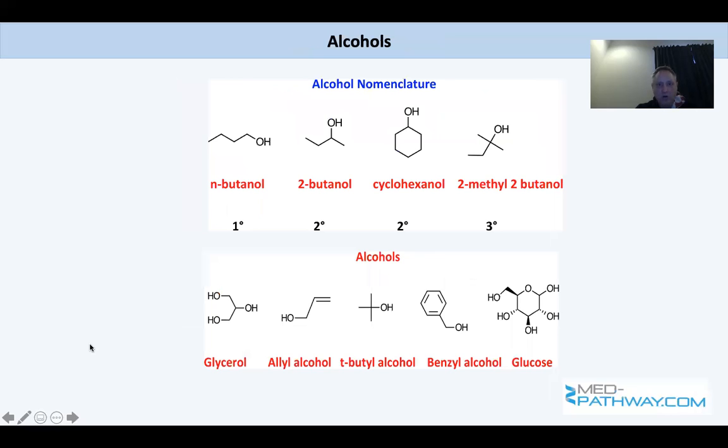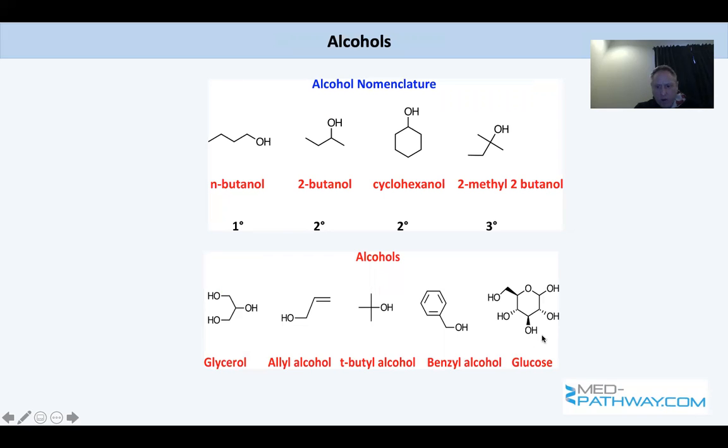Let's turn to alcohols. We have all seen alcohols before. Here's n-butanol, 1, 2, 3, 4. 2-butanol, cyclohexanol. We see glycerol. This might be the most important alcohol we're going to look at, because we're going to see how to package fats when we make triglycerides, which is taking an alcohol and an acid to make an ester.